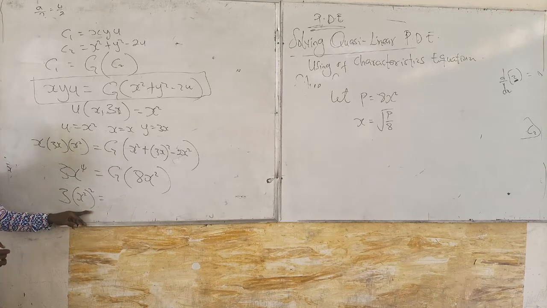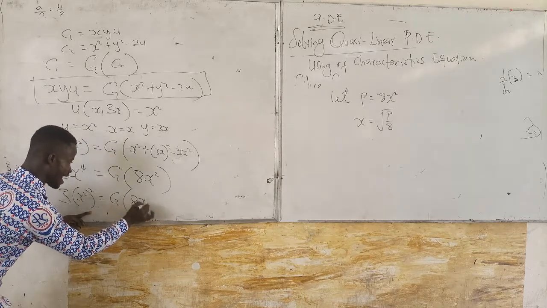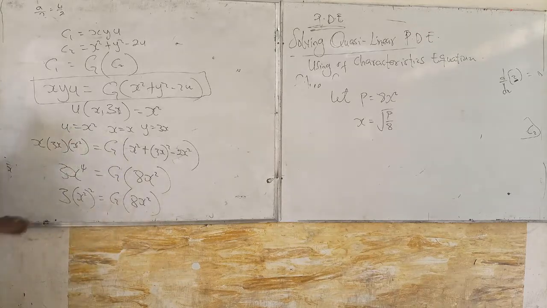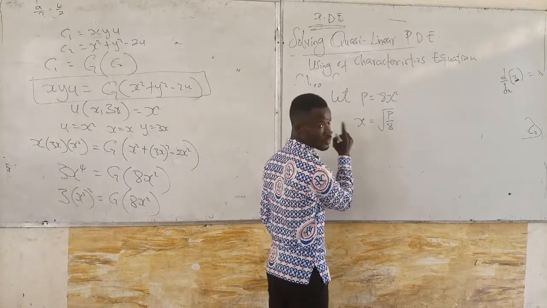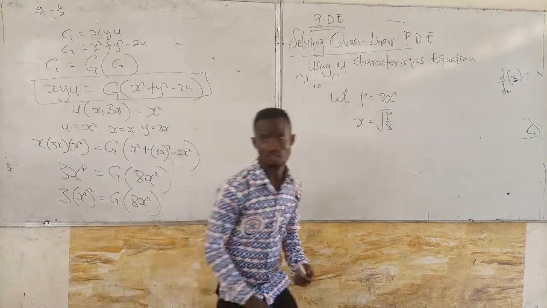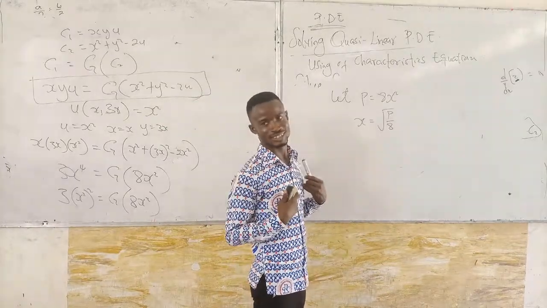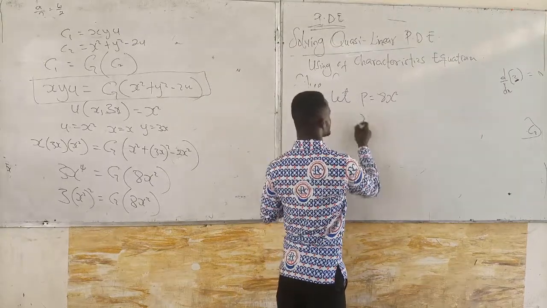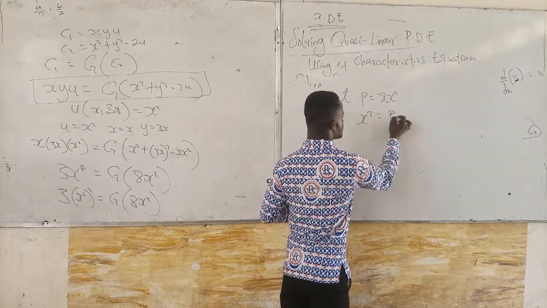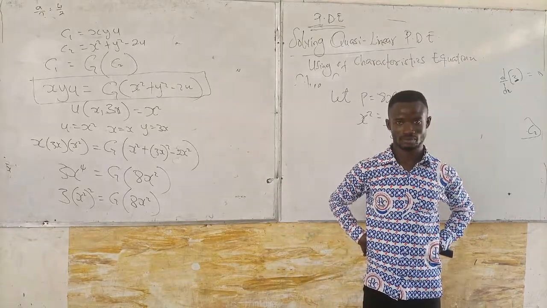I hope you can see the reason why I'm doing that. So now you can see x squared, right? So let's make that one x squared. So here, just say that x squared is equal to p over 8, so that it will be simple.